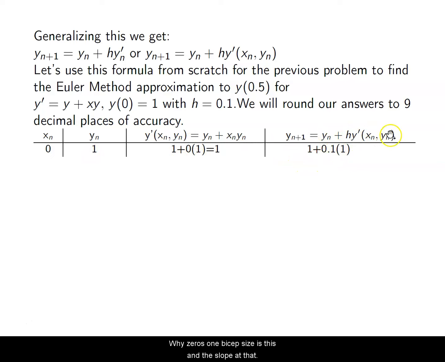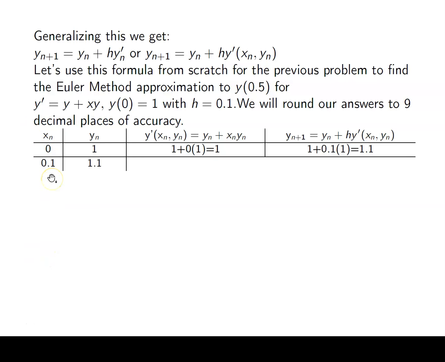My step size is this. And the slope at that initialized point is 1. So I get 1.1. So my next iteration, for step 1, is 0.1 and 1.1. My xn is counting up by 0.1 each time: 0.1, then 0.2, 0.3, 0.4 to 0.5. So at step 1, 0.1, 1.1. That's my first step approximation.